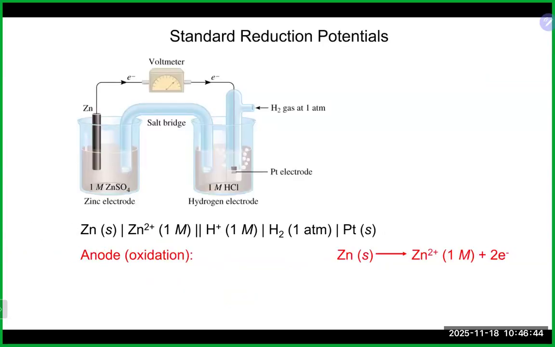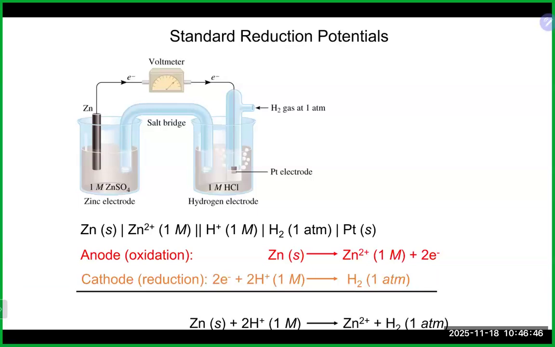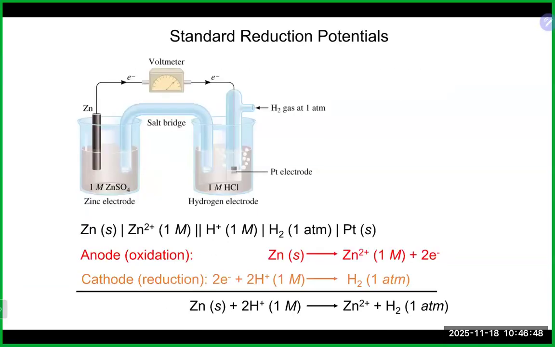Now, one of the things we look at when we look at galvanic cells is something known as standard reduction potential. And standard reduction potential is sometimes abbreviated as SRP. It is a reduction potential, which means it gives you basically the voltage associated with the reduction reaction that's taking place.